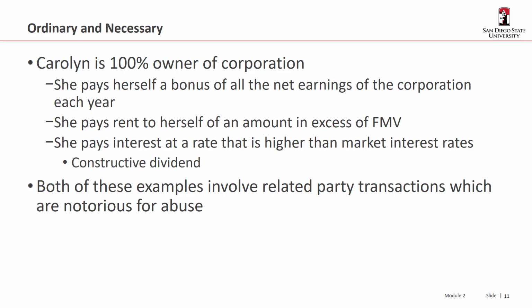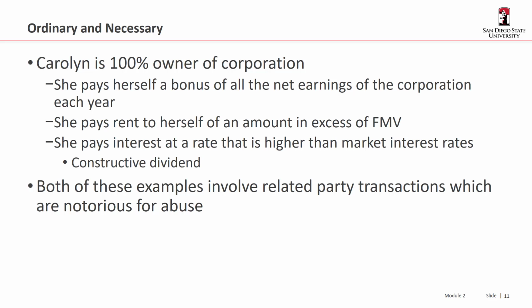Okay, so maybe she decides, well, I'll just pay myself rent then. So maybe she owns the building that her business operates in, and instead she charges her own business rent. That's entirely plausible, but it really is supposed to be at market value. All right, well, that's not going to work. The IRS is going to come in and say, no, no, no, you're charging your corporation an amount in excess of market value. We're going to undo that deduction.